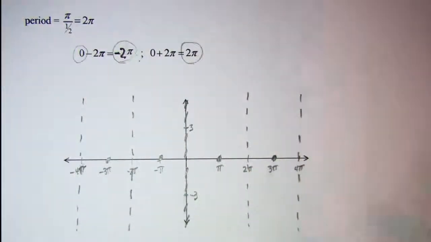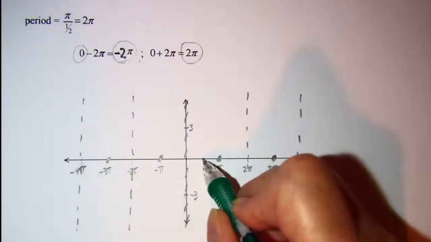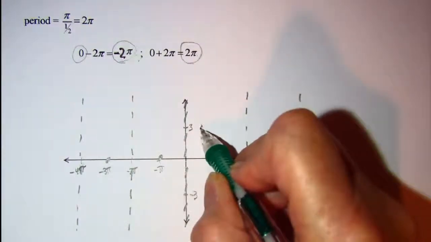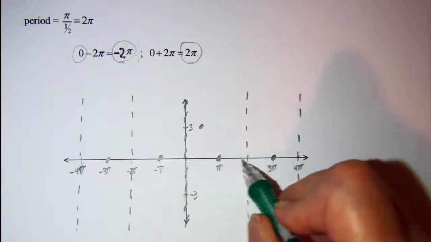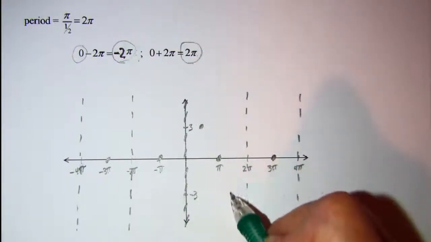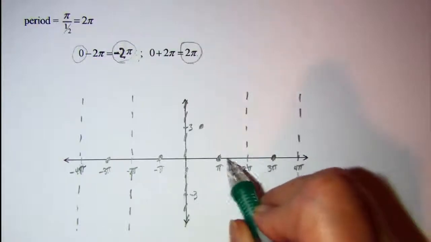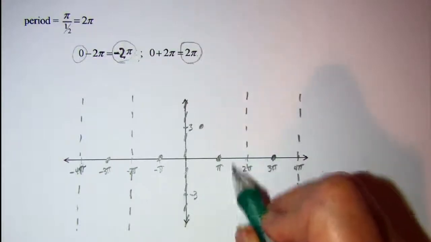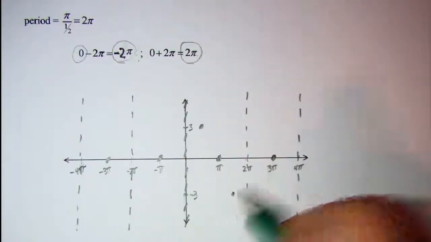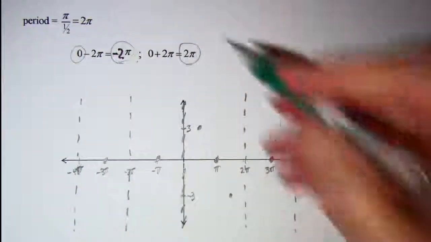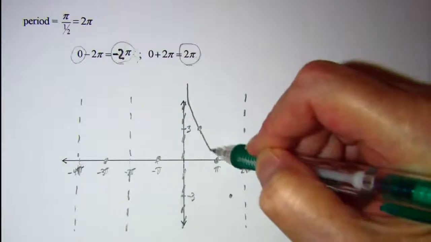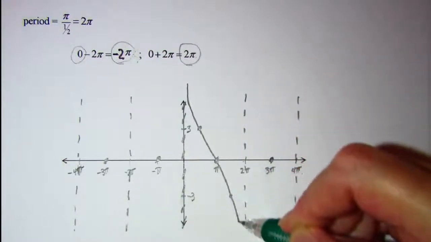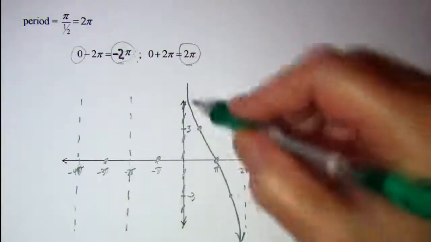And then for the cotangent curve, to the left of the 0 and up the A value, we need a point. And then to the right of the 0 and halfway between the 0 and the asymptote, I need to go down. So my cotangent curve looks like this.